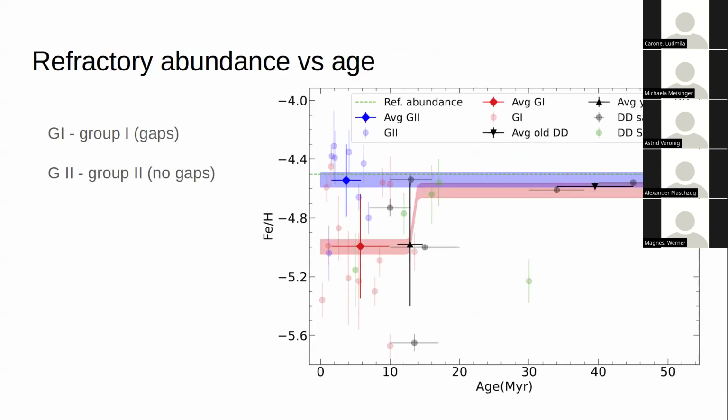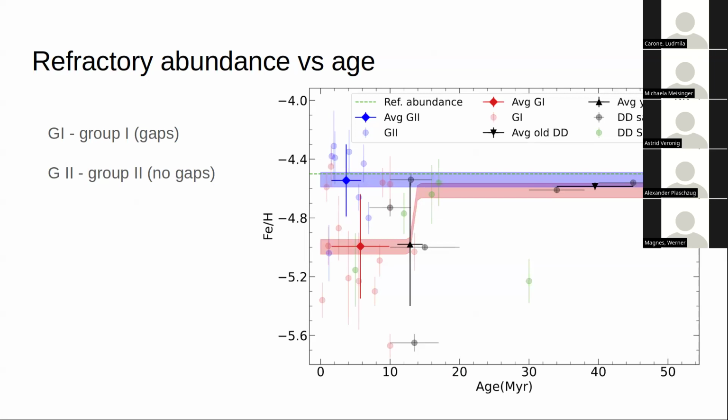So what is suggested is, let's look at the abundances, but in terms of age for different systems. We plotted the age and the iron abundance of the stars, and we use iron as an indicator of all the refractory elements. And for example, we see the same thing as before, that stars with no gaps in their disk show an iron abundance which is quite similar to their reference abundance, but stars with gaps in their disk show the iron abundance to be depleted.